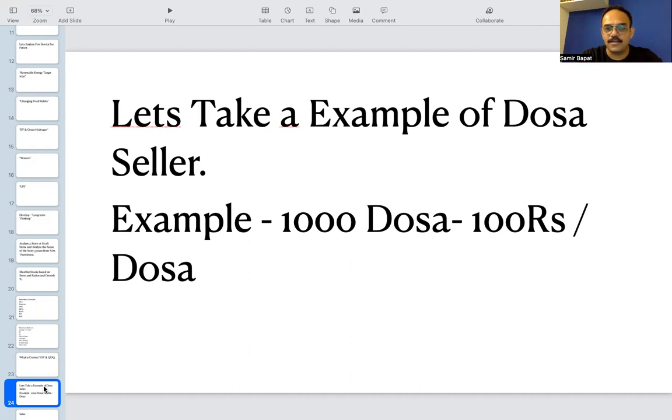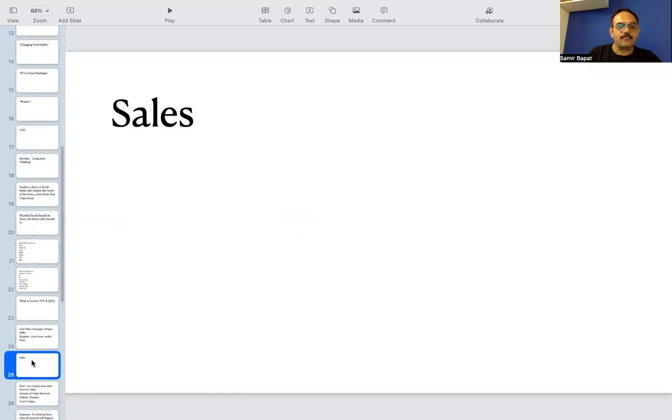Only a few have answered. No, right? So that 1 lakh rupees is not his profit. It is only sale, or we can say it is only turnover. So we can say that 1 lakh rupees is his sale or revenue from operations or sales turnover.